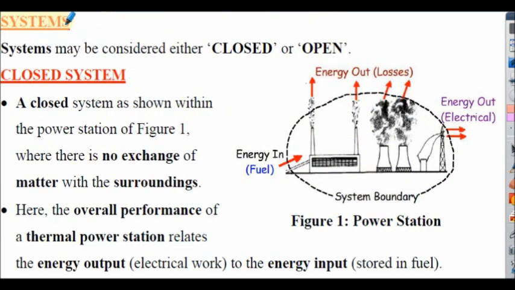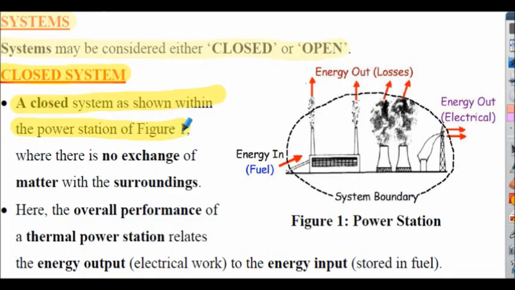Let's overview systems. So as stated previously, systems may be considered either closed or open. Let's review closed systems. A closed system, as shown within the power station of figure 1, diagrammatically showing the power station, is one where there is no exchange of matter with the surroundings.